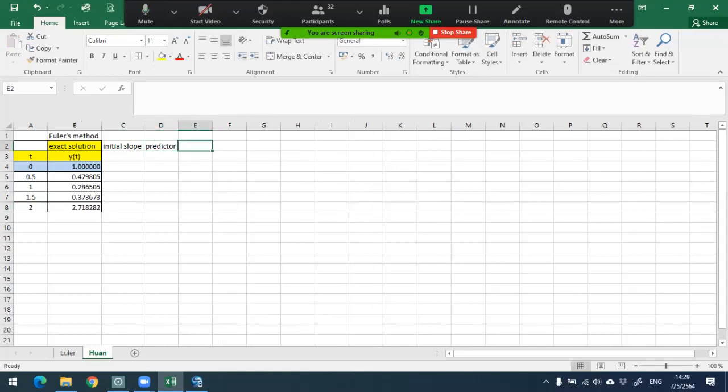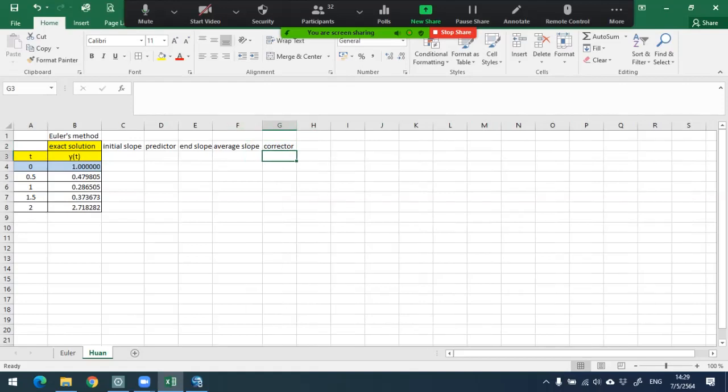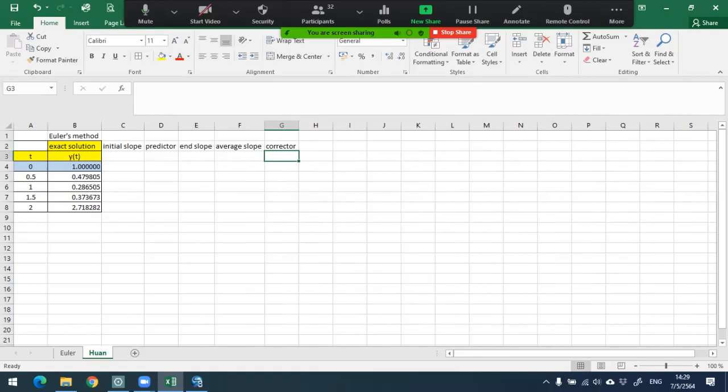And after that we use the predictor to determine the end slope. And then we will determine the average slope. And after that, finally, we will obtain the corrector. And finally, we can determine the percent error.